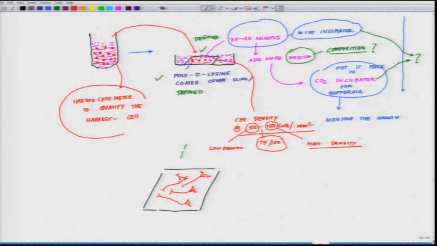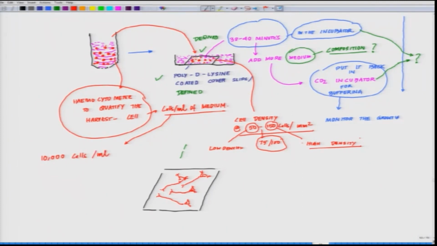So, once you have quantified the harvest, you know how many cells per ml of medium you have. Now, if you know this many cells are there per ml of medium and you want a certain specific number of cells to be plated in a certain area, what you have to do, say for example, let us take a practical situation. So, say there are 10,000 cells per ml.